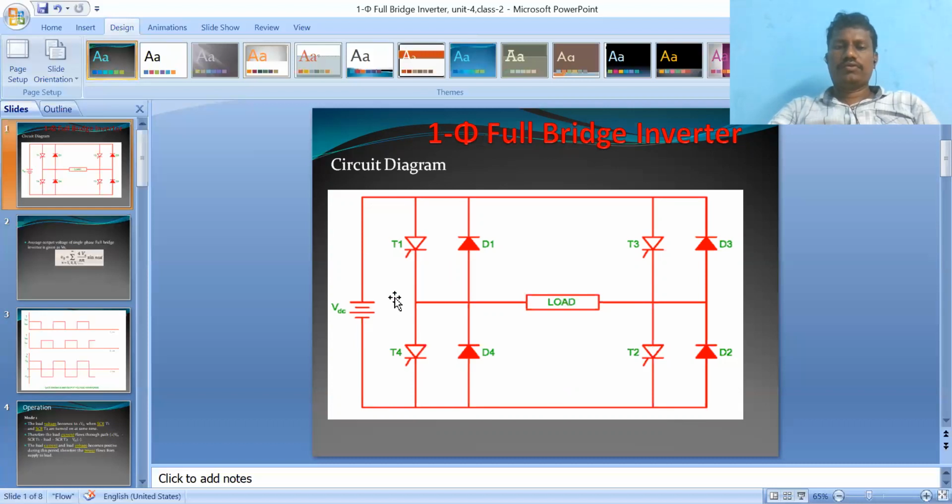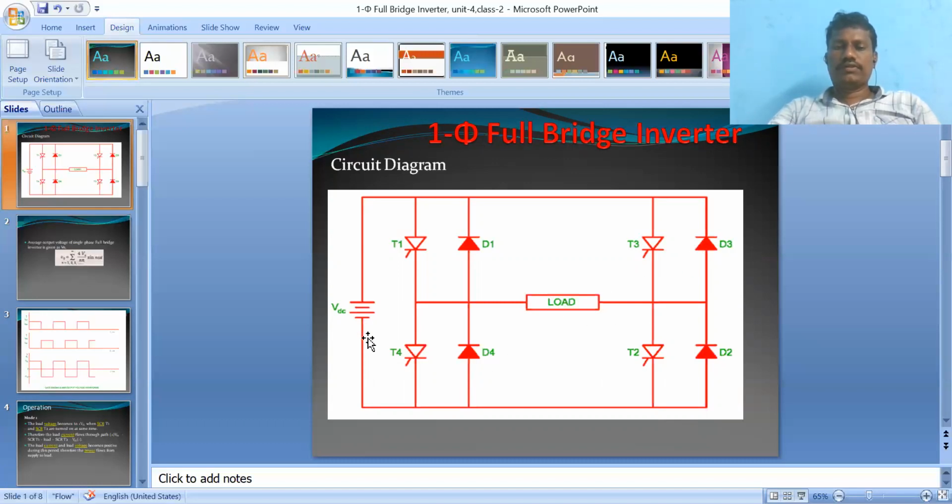Coming to the second mode, by using forced commutation, T1, T2 will be turned off. Then D3, D4 come into conduction mode, that is, these two diodes are forward biased.